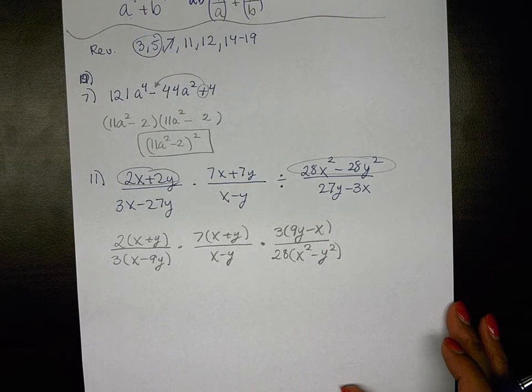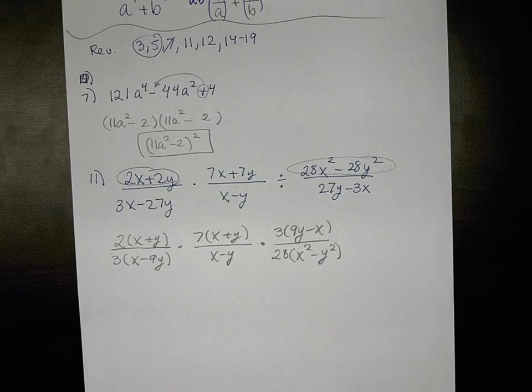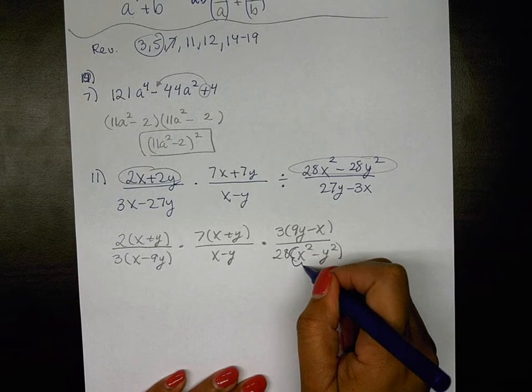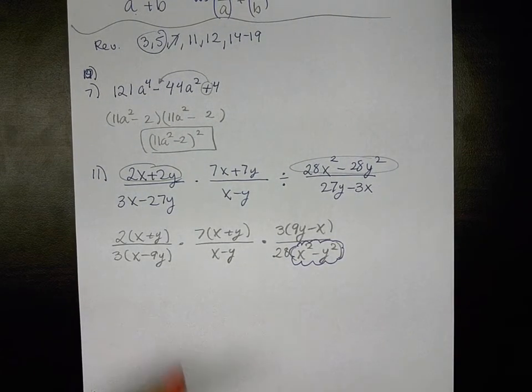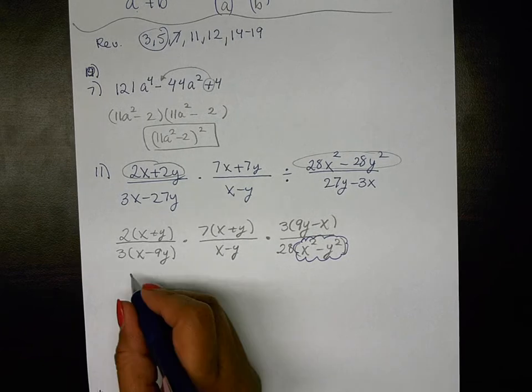All right, and now I see that I can still factor this. Do you want to factor it now or just reduce what you can and then factor in the next step? It's up to you. We can just factor it now. Okay.